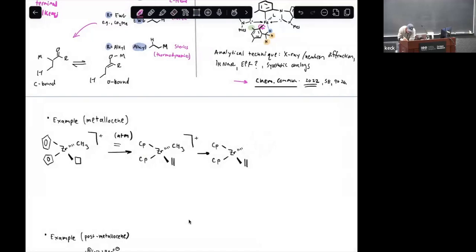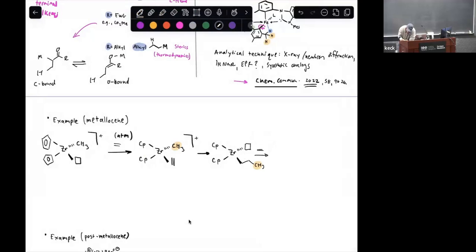So we now have open coordination site here. Methyl is inserting, one, two, three, CH3. We'll just color code that so it's straightforward to track. All right, and we're still under this positive atmosphere of ethylene.